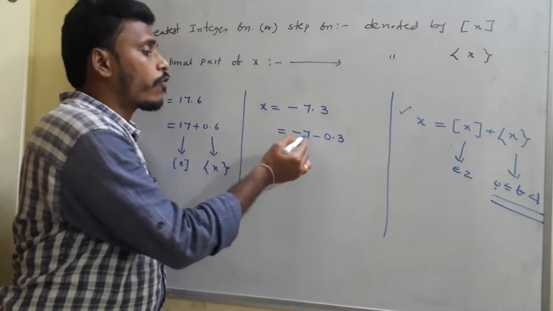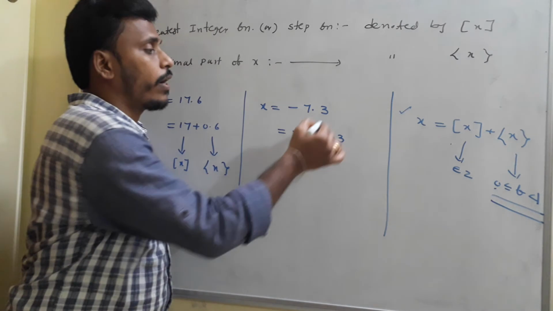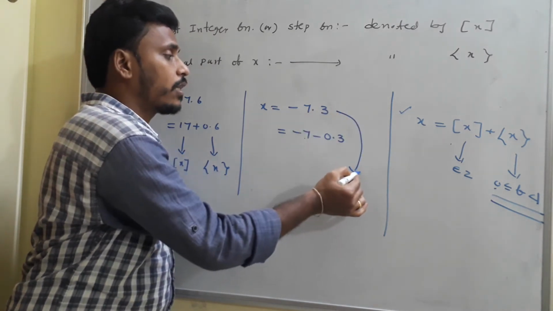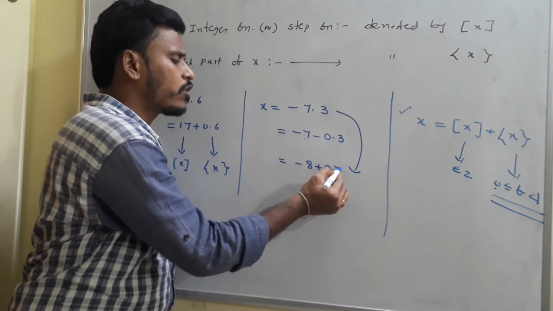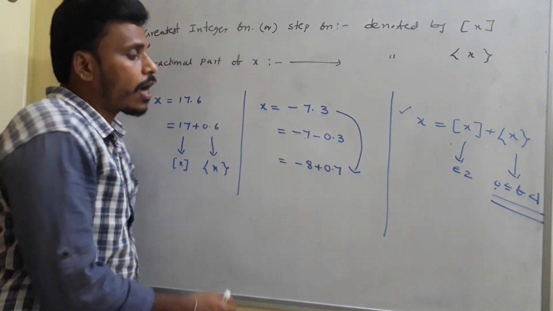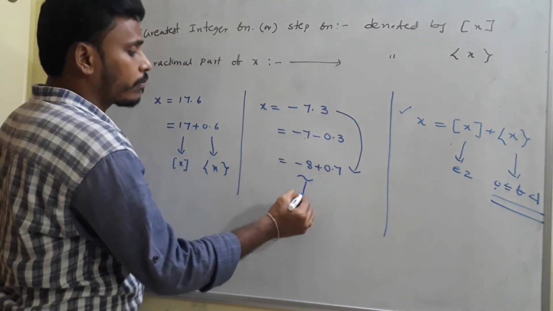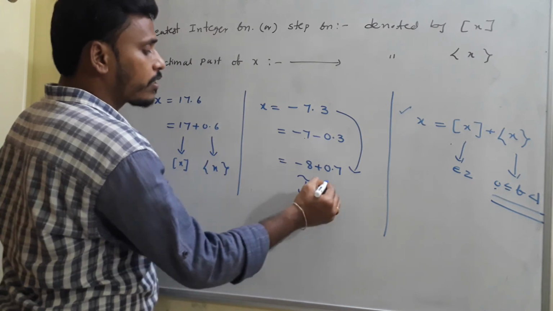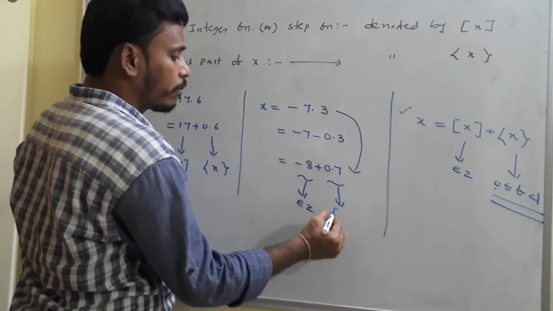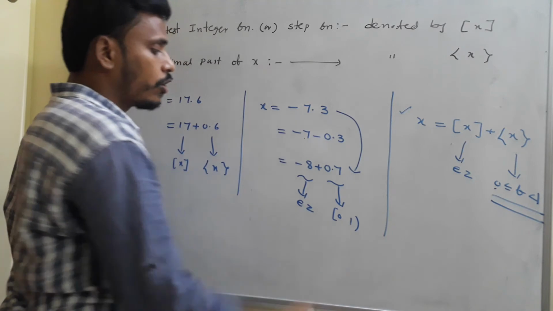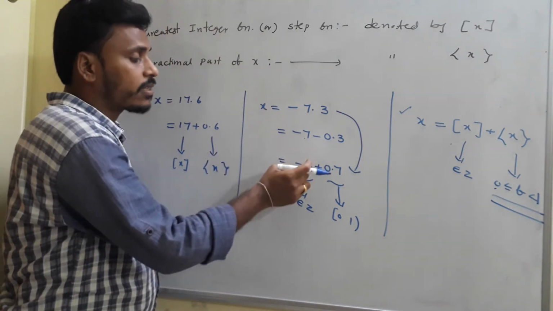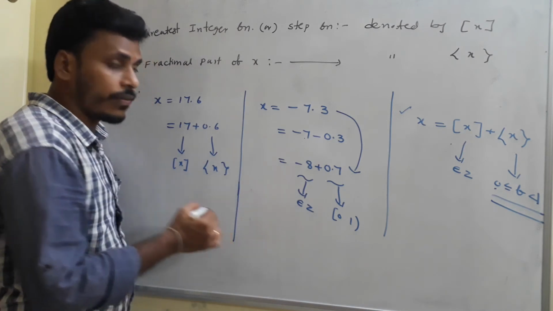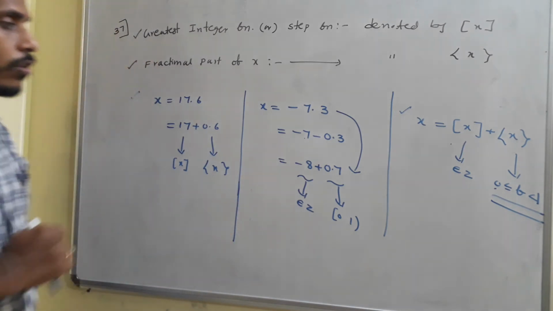So instead of writing minus 7 minus 0.3, you rewrite minus 7.3 as minus 8 plus 0.7. Now this minus 8 is an integer, and this 0.7 is a number in the region 0 to 1. Just have a look.